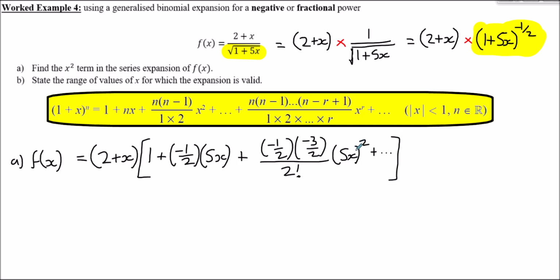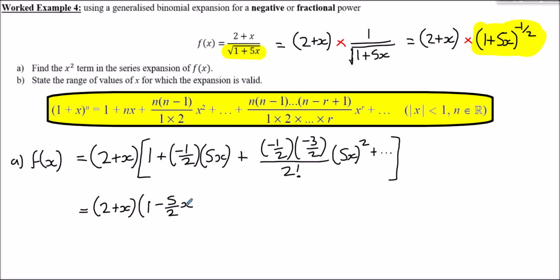So if we just neaten this up now, what's in these square brackets? We've got 2 plus x, but over here we've got 1 minus half times 5, so minus 5 over 2 of an x.